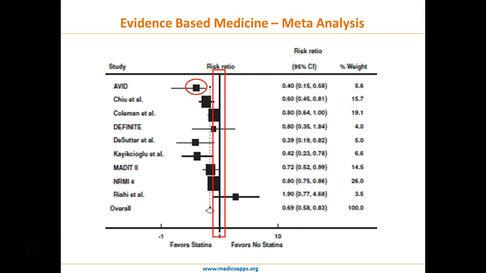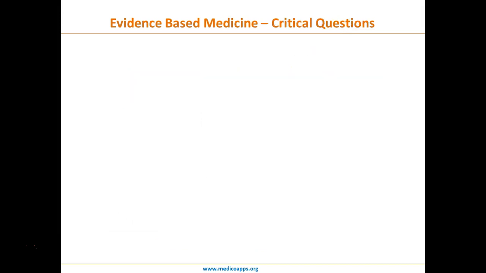This is individual study, what was the result, and the size of this square will tell you how big that study was in terms of population, and finally this will show you the overall result. So in this case, the overall result favors statins. So this is something we will learn more about when we are finally looking at research works.